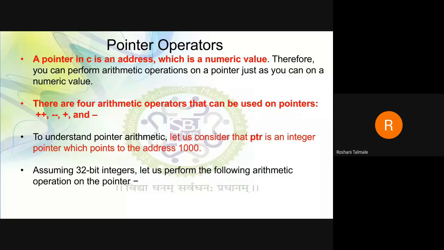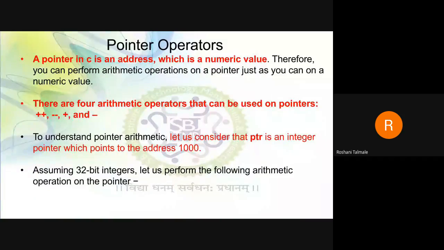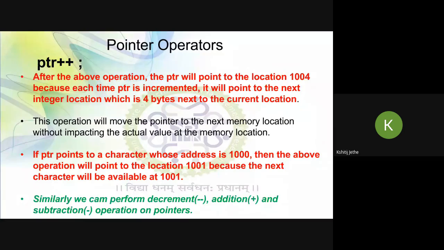So when we perform the PTR plus plus operation, when we apply the increment operator on PTR, then what will happen? PTR was initially holding 1000, and PTR is of type integer.